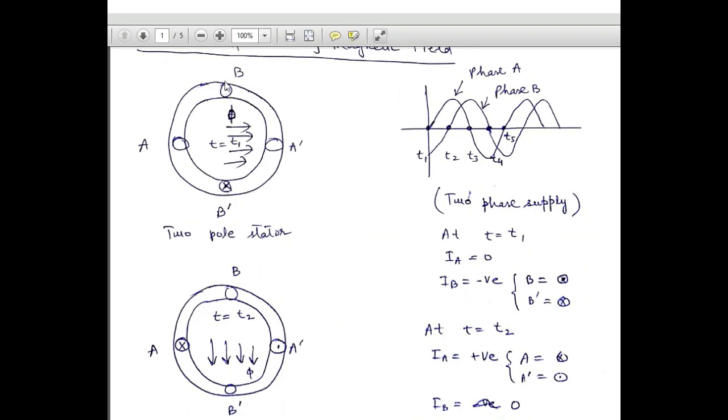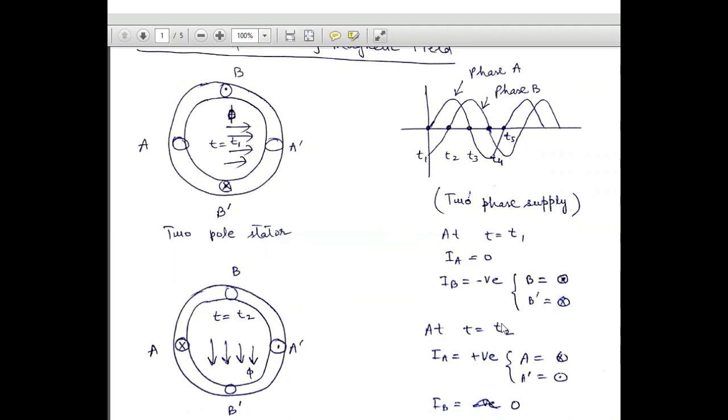If we consider this orientation of the current, the magnetic field direction can be found by using the right hand rule. When we apply the right hand rule, the thumb will indicate the direction of the magnetic field, which is pointing from left to right. So at t equal to t1, the direction of the magnetic field is from left to right.